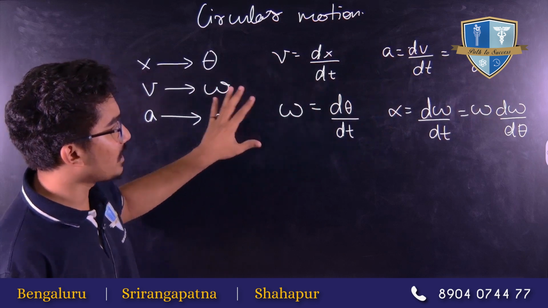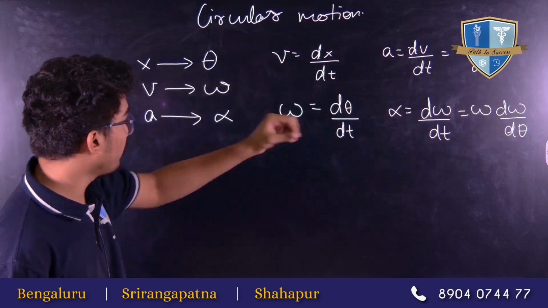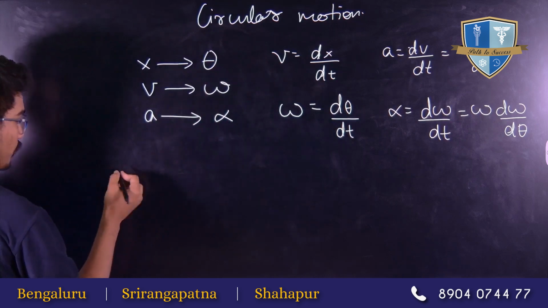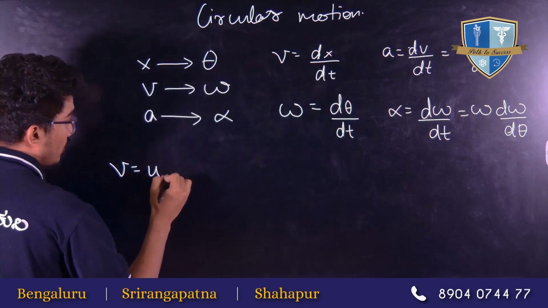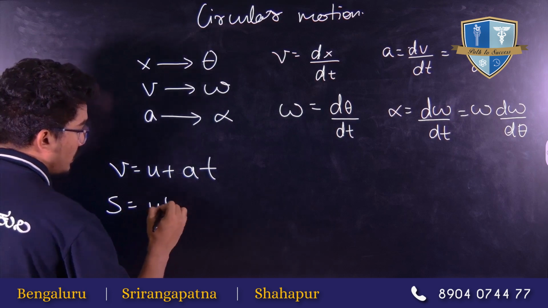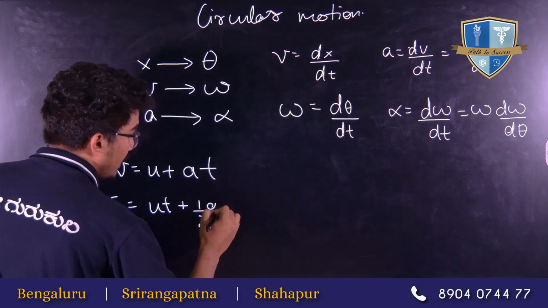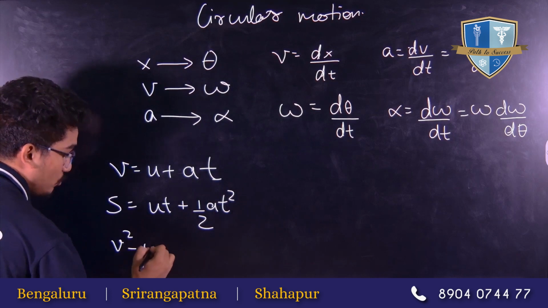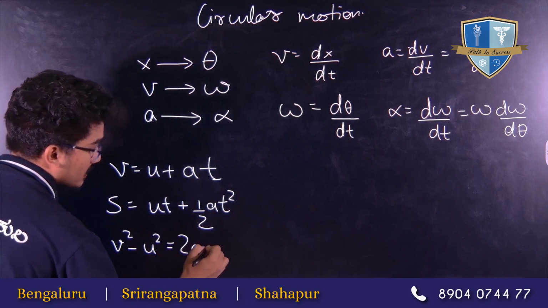Similarly, we can derive three formulas for when there is a constant angular acceleration. Those were v is equal to u plus at, s is equal to ut plus half at square, and v square minus u square is equal to 2as.